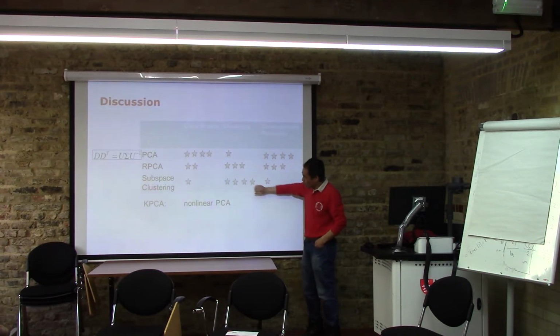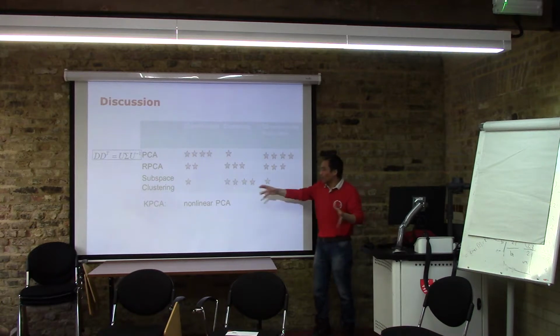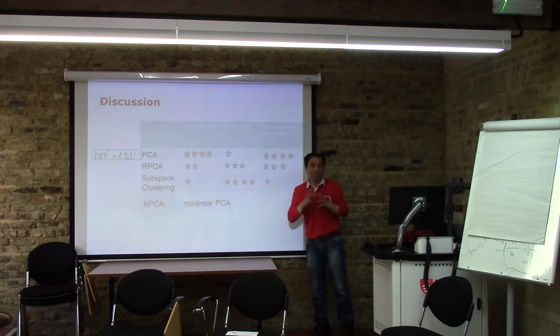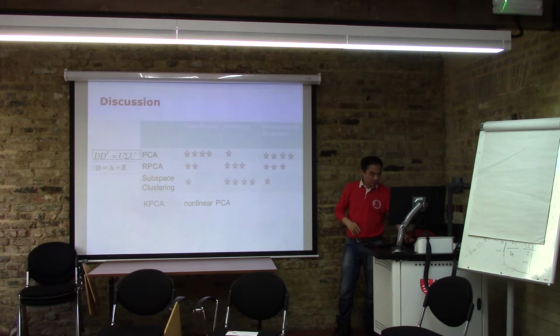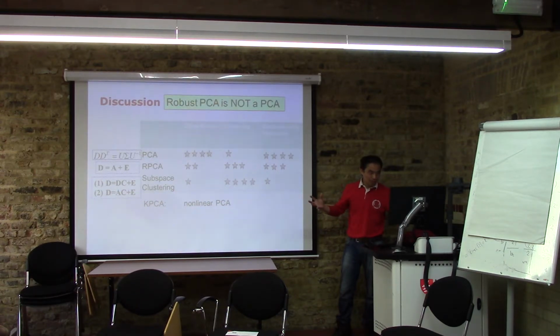For outliers or noise, we can think of either a linear function, for example RPCA, or a probabilistic framework. That's the conclusion: robust PCA is not a PCA.